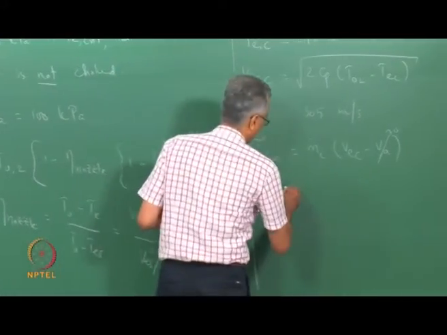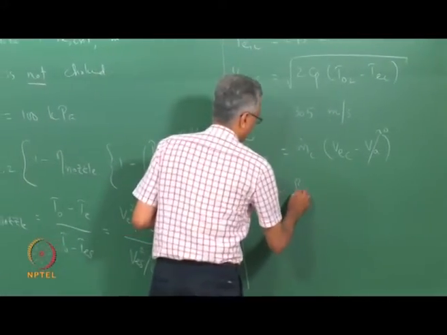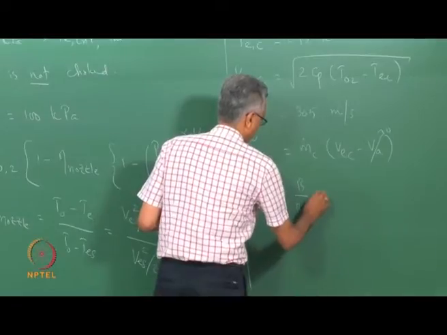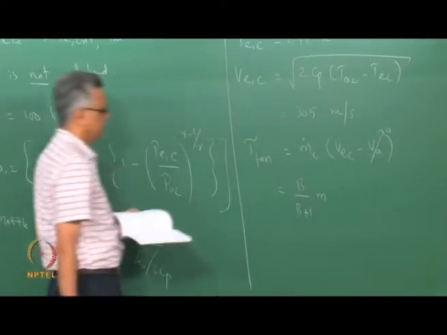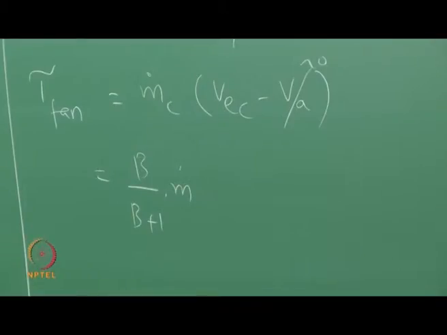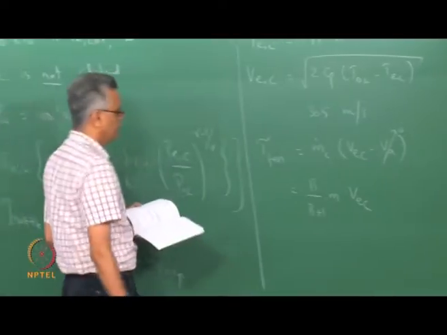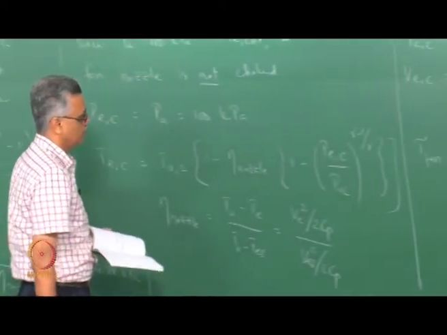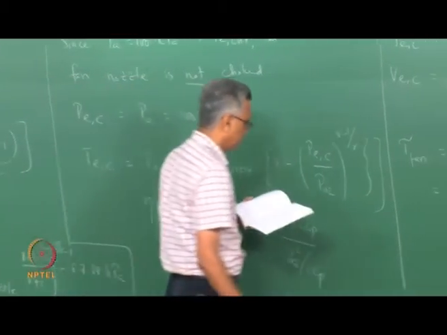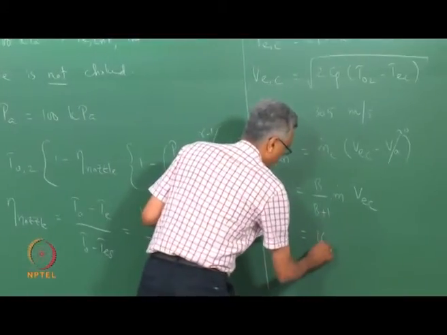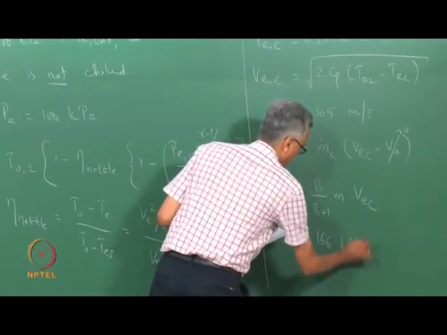And m dot C is nothing but B over B plus 1 times m dot, right, that is the amount of air that goes through the fan. So, this times VEC, okay. So, I know B, I know m dot, the total mass flow rate. So, I can calculate the fan thrust to be 166 kilonewtons.